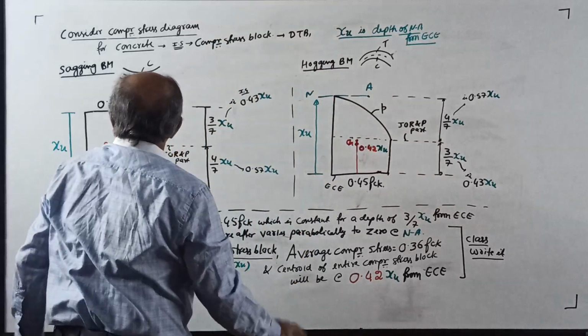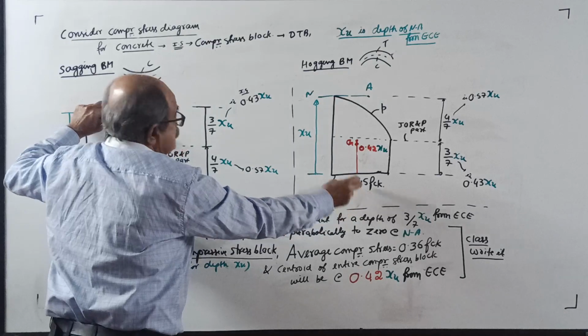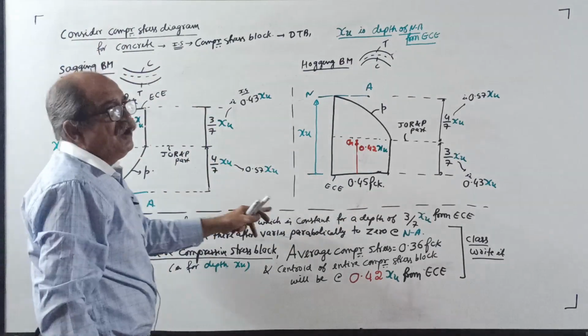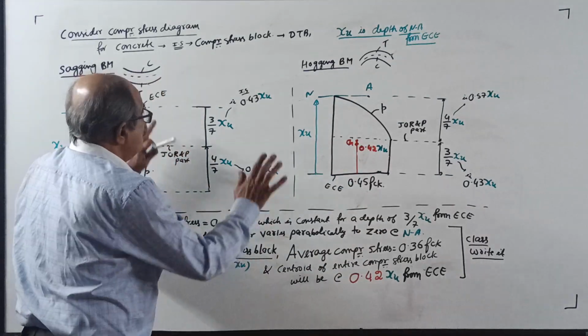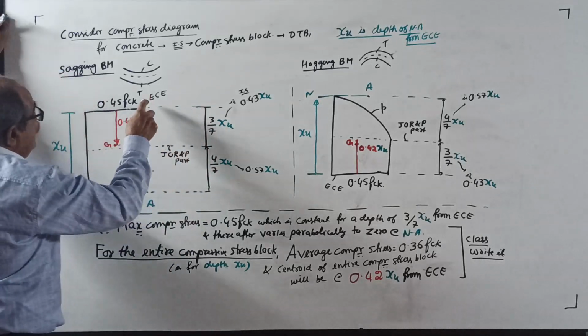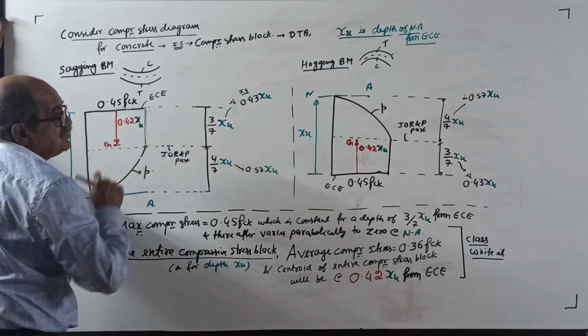Okay. Now, this is 0.45 fck. Here also see 0.45. Because how you mark from top edge here, that you have to mark from bottom edge. Equations will not change. Now, some property. See, what you have to remember correctly is that it is constant for a depth of 3/7 xu.